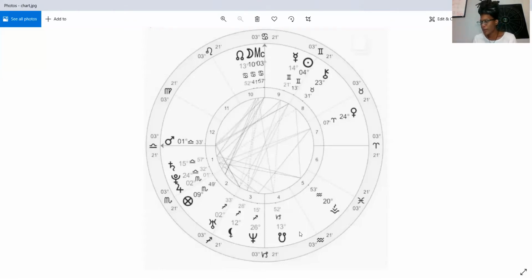So the four angles in your chart are the MC and the IC, the ascendant and the descendant. These angles act almost like a compass for you in your life path. And I just want to show you. So if your ascendant is here, it's always the opposite, so your descendant is here.